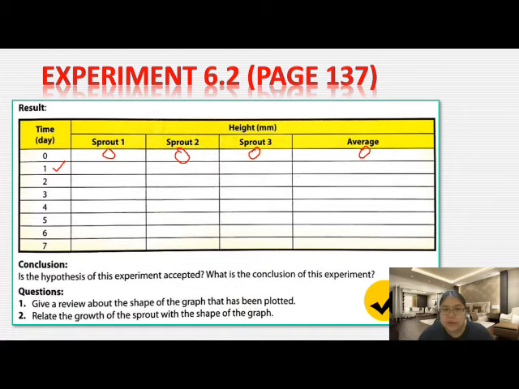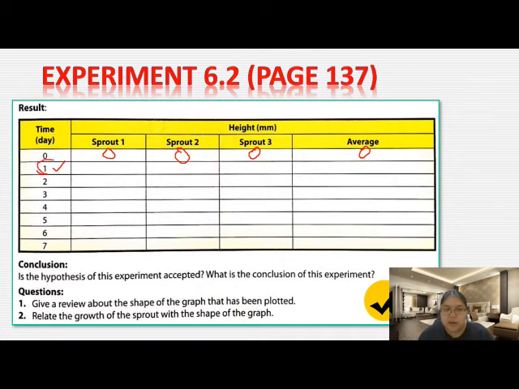0, because the small plant has not come out yet. When the small plant just comes out, don't count first. Don't count how many cm or how many mm first. Straightforward, put it inside the dark place for 1 day. After 1 day, then you count for the first time.